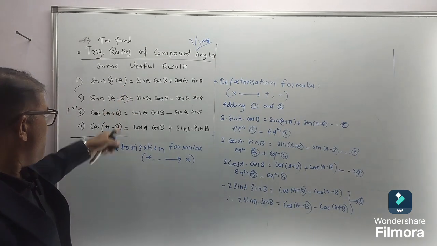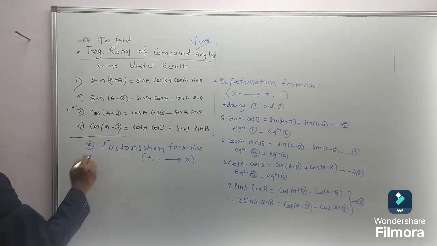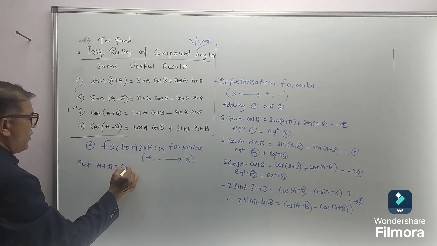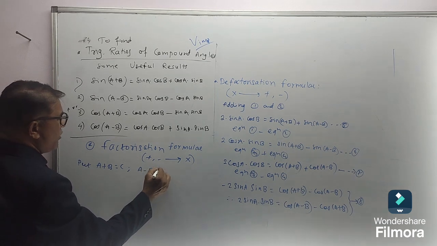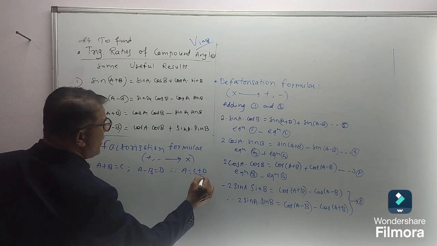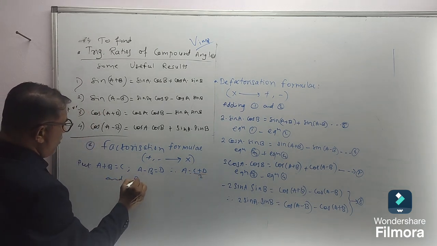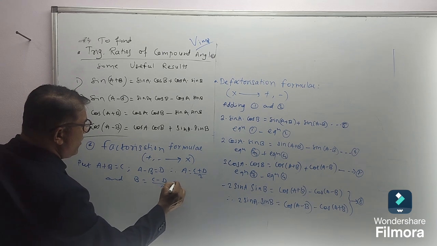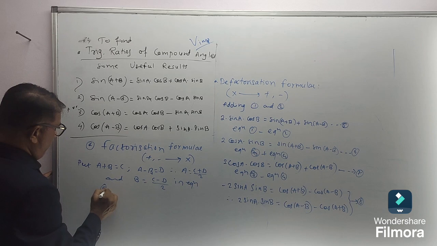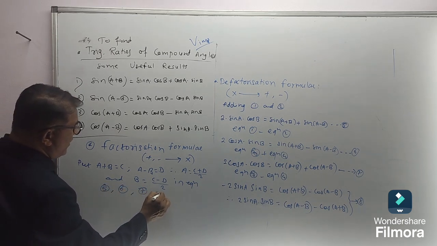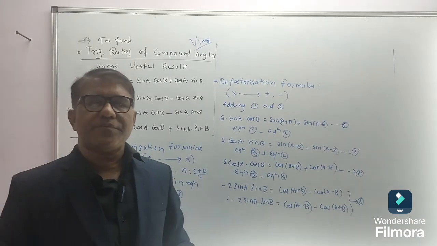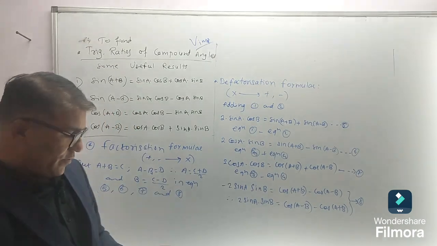Put A plus B is equal to C, A minus B is equal to D. Therefore, adding these two, A is equal to C plus D by 2 and B is equal to C minus D by 2 in equations 5, 6, 7 and 8, then we get factorization formula. Let us see what happened here.